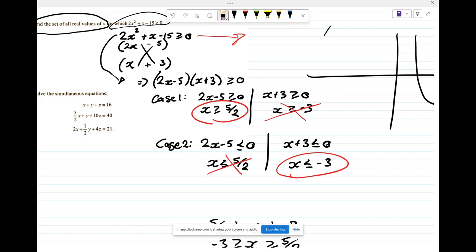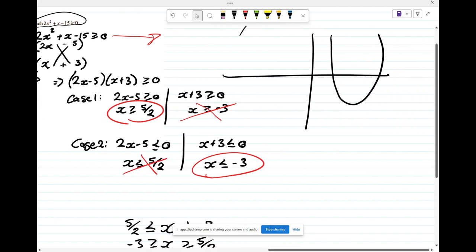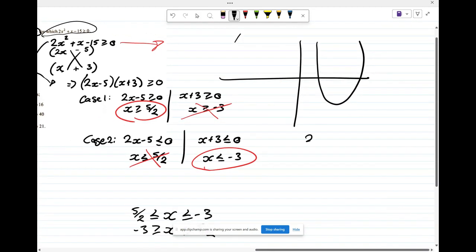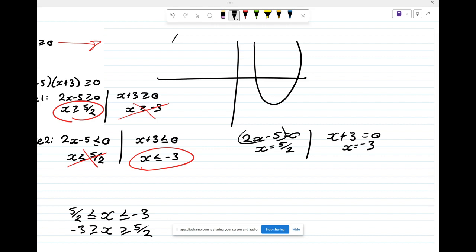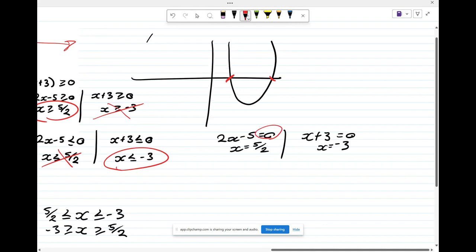And that means our roots are, like Caitlin did the other day, if we let each of them equal to 0 and get x on its own, 5/2, and x plus 3 equal to 0, x equals minus 3. That's how you turn factors into roots. Let them equal to 0. So that's where the quadratic crosses the x-axis. That's where they're equal to 0.